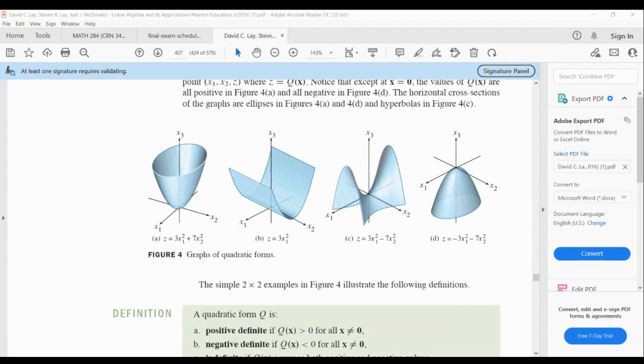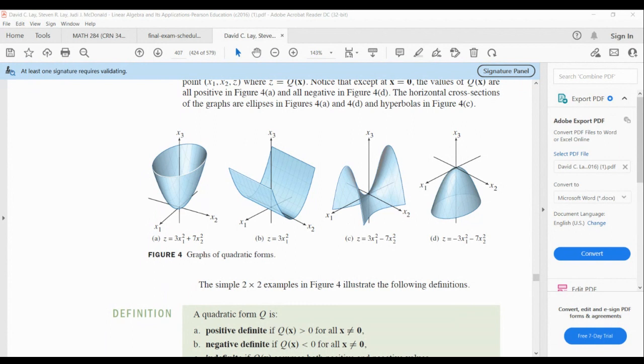The next quadratic form has one positive eigenvalue, one positive coefficient. Remember, in quadratic forms, the coefficients of x1 squared, x2 squared, x3 squared, and so forth are the eigenvalues. Now in part C, that's a hyperbolic paraboloid. That's right, Mikhail. And one of the eigenvalues is positive, one of them is negative.